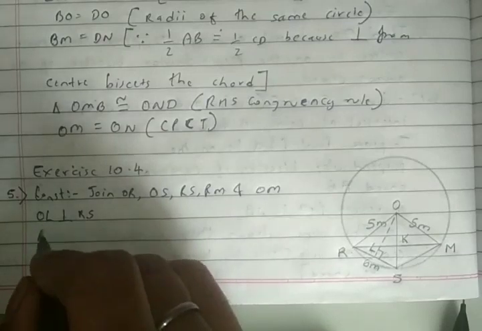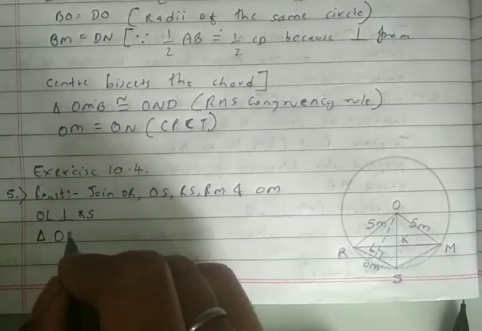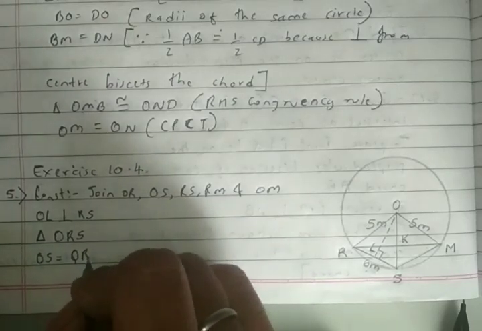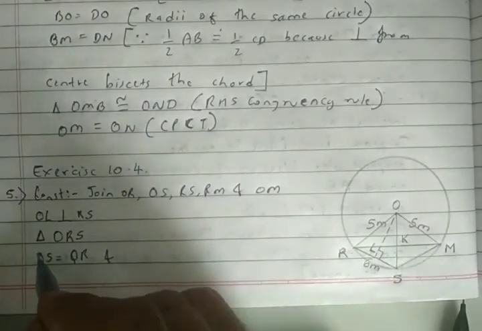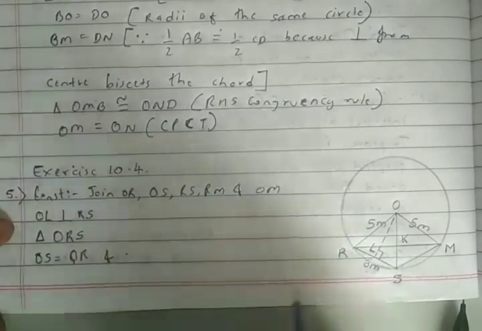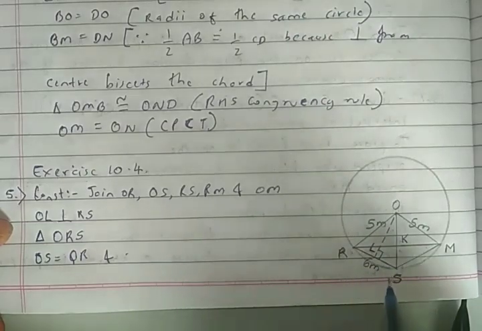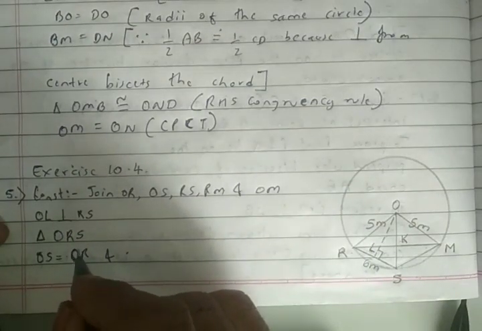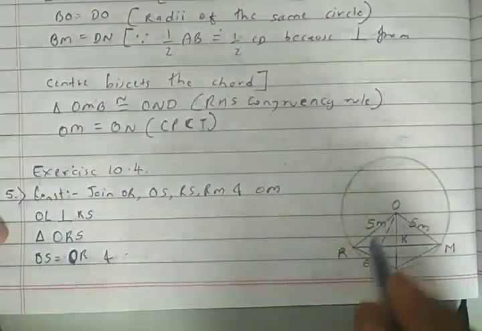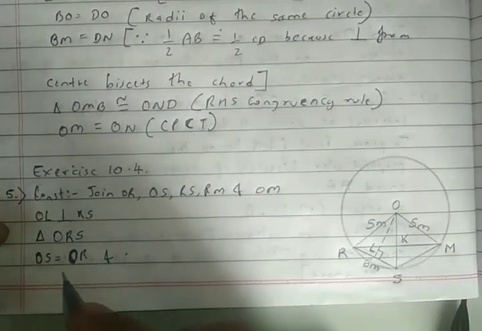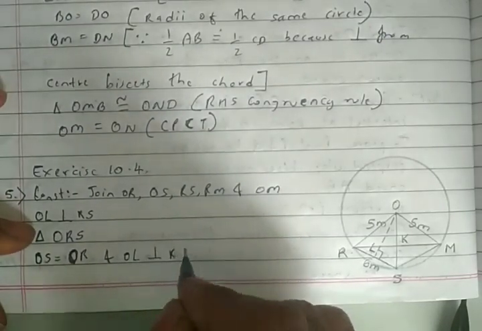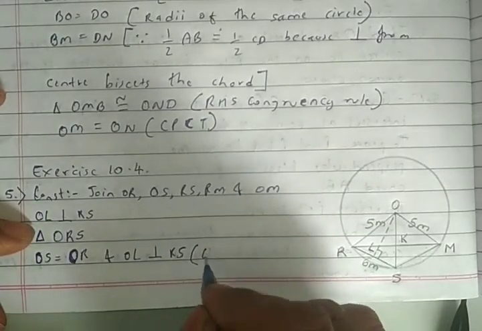Now if we consider triangle ORS, OS and OR are constructed. So we will write down OS equal to OR and OL perpendicular to RS. This is by construction.